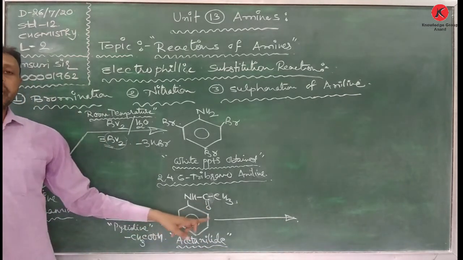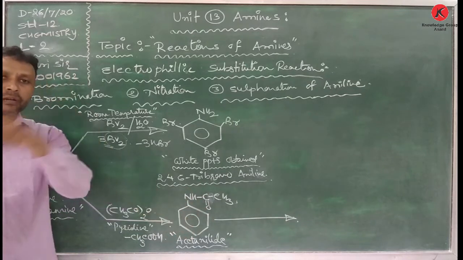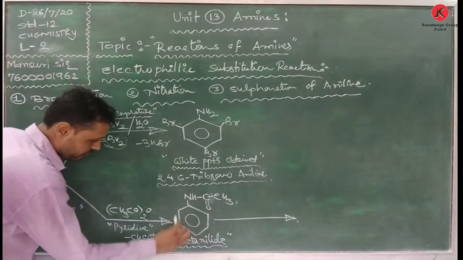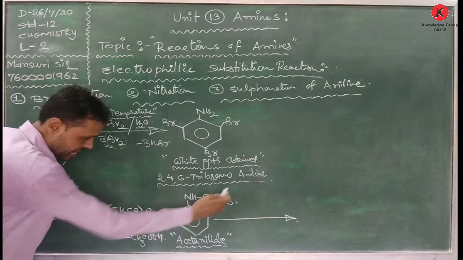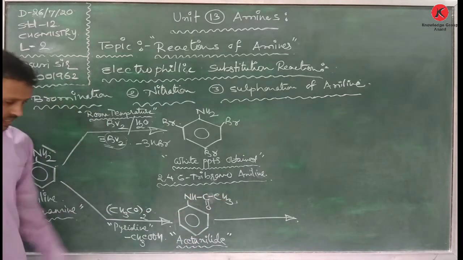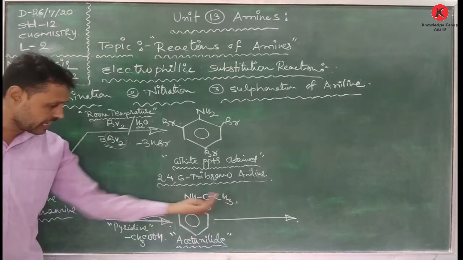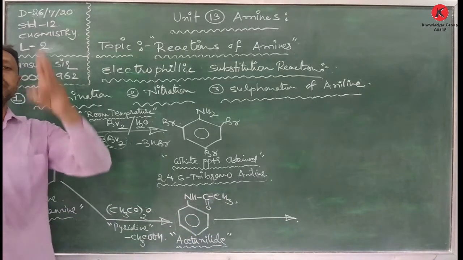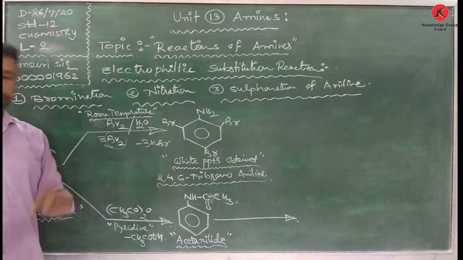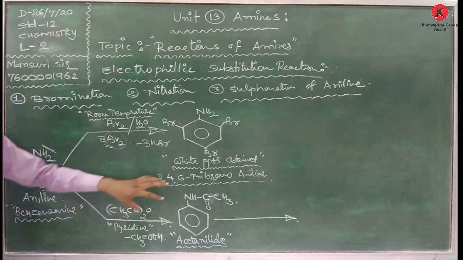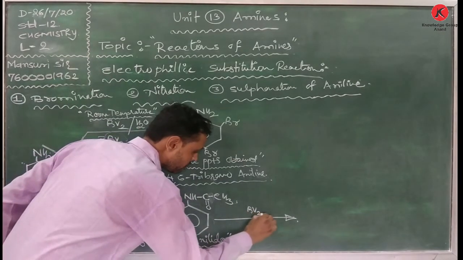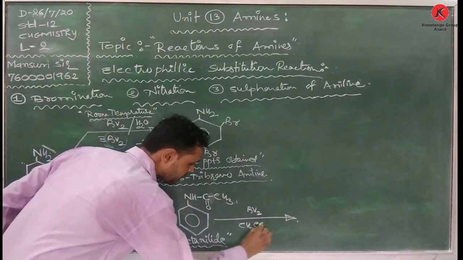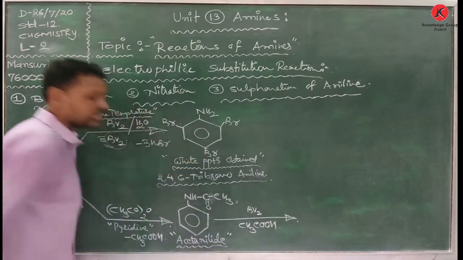What is the second name? What is the IUPAC name of this compound? This is a phenyl group attached with nitrogen. N-phenyl ethanamide. This is my N-phenyl ethanamide, which is acetanilide. After getting this compound, now bromination is carried out, Br2 in presence of a solvent like acetic acid.